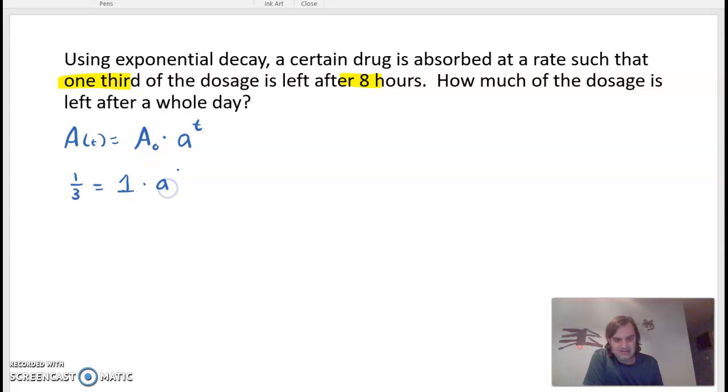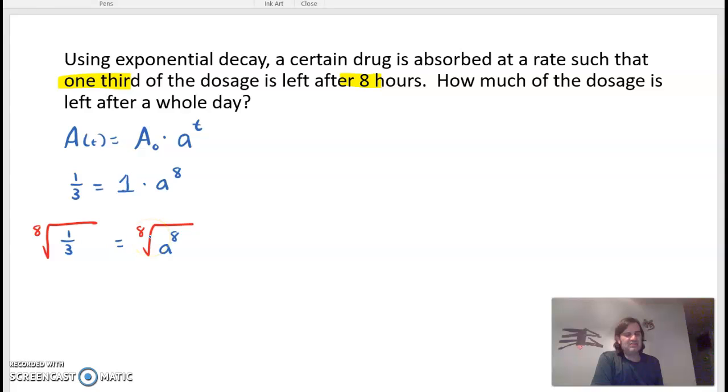Now it'll be a to the 8, so our t will be in hours. So we're going to need the 8th root of 1/3, which will be equal to the 8th root of a to the 8th. So we just took both sides of that equation and took the 8th root of it.